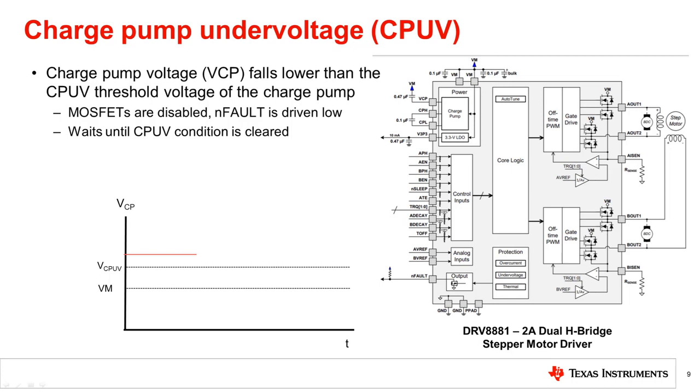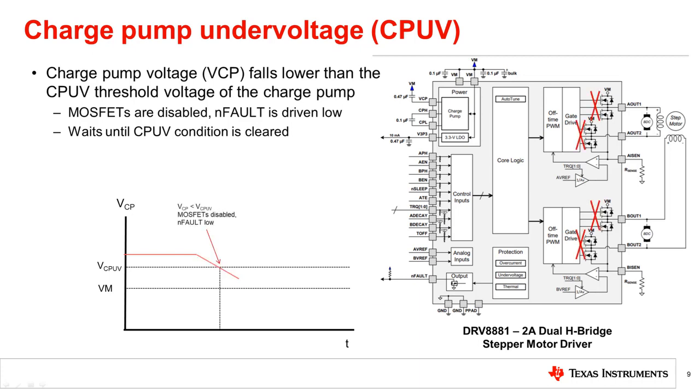The next protection circuit is charge pump undervoltage, or CPUV. Any motor driver that has a high side NMOS power MOSFET may also include an integrated charge pump. This generated charge pump voltage enhances the high side gate driver, so if the charge pump voltage is not sufficient, it cannot be assured that the NMOS is being turned on.